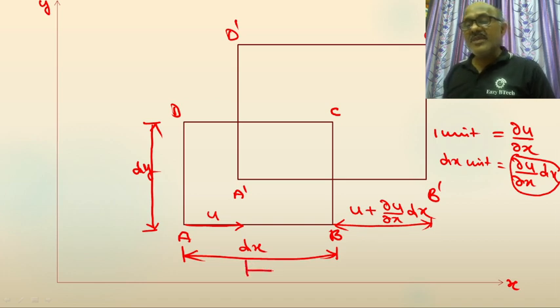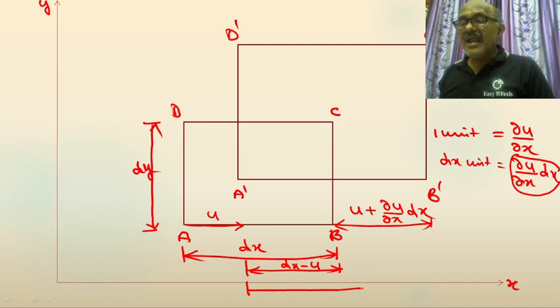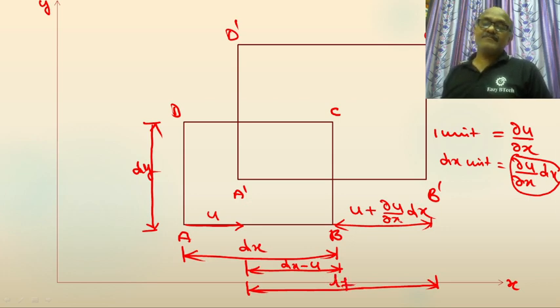The total distance of the line element is dx. Subtracting u from it gives dx minus u. This length is the final length of the line element A dash B dash.